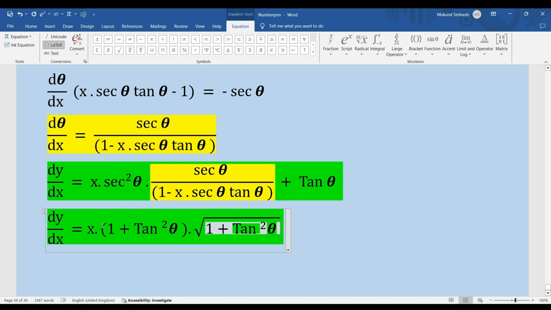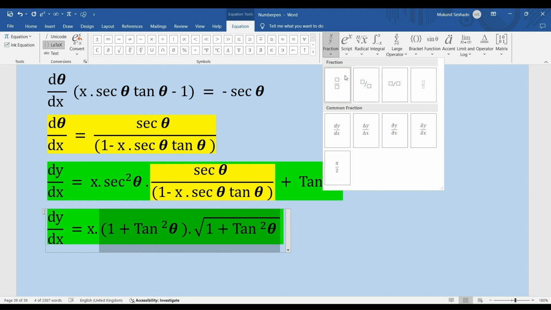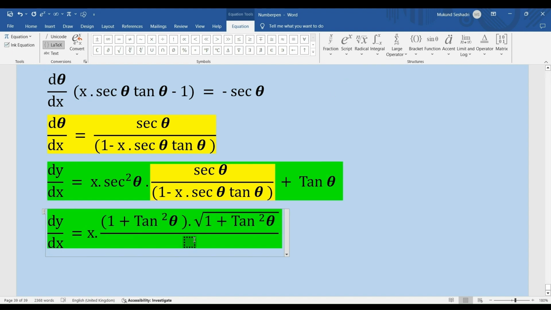And then I do a whole divided by, I have 1 minus x times secant theta tan theta, right?